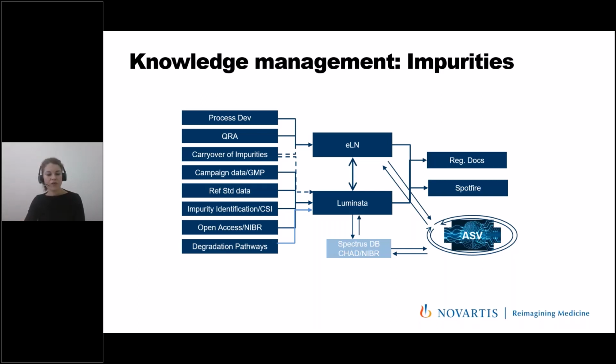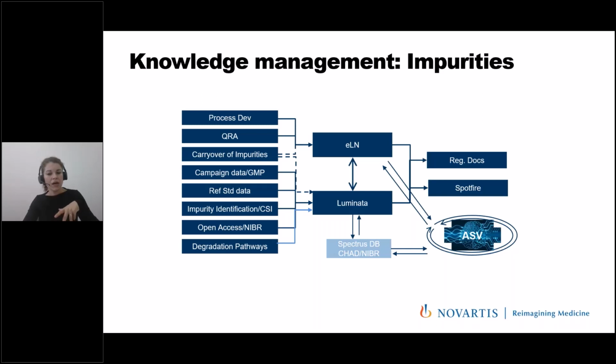As you see, there are different types of data that we are interested in managing in terms of impurities, be it from the process development, from the QbD experiments, the carryover of impurities, the project campaign data, the GMP data, that is, the reference standards, the impurity identification of the CSI, but also anything that the chemists will do in an open access format in our research department, or the degradation pathways that are occurring at different parts of the organization.